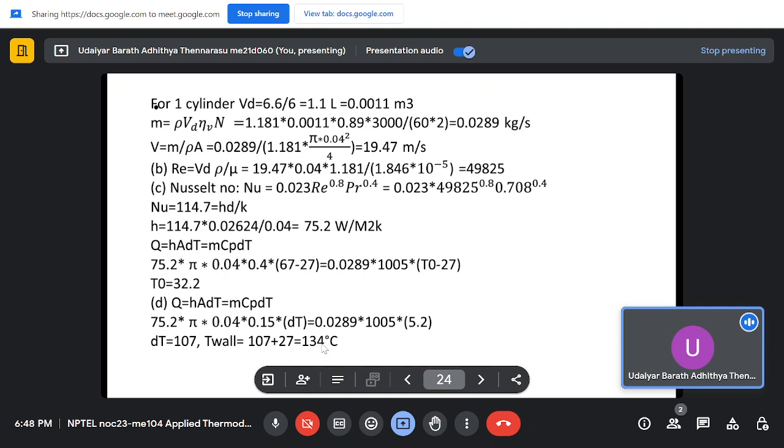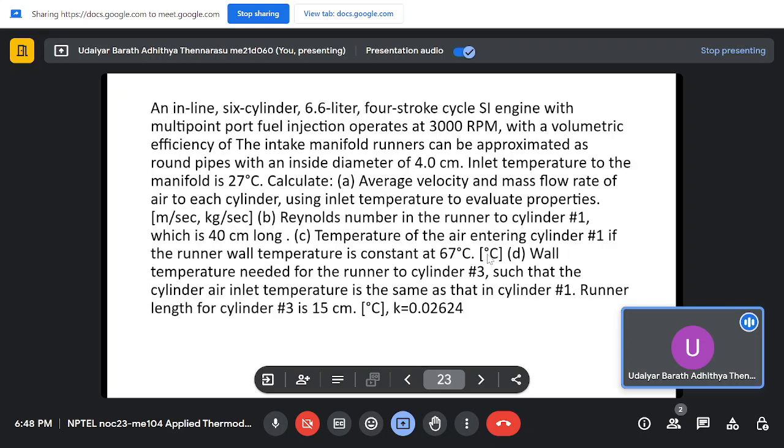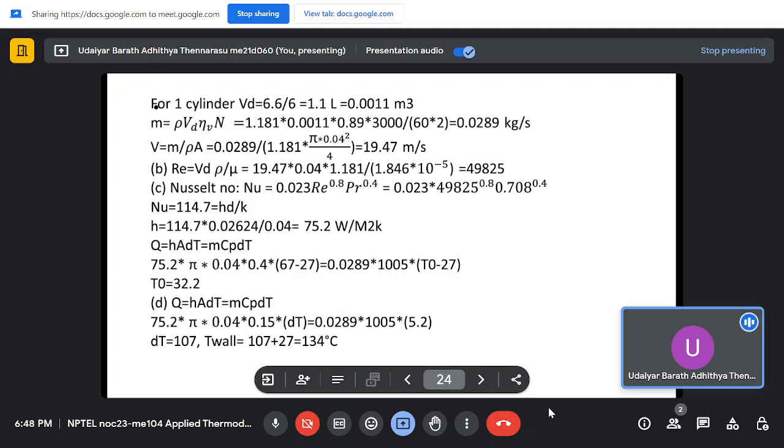Previously, for 40 centimeter length, the wall temperature was 67 degrees Celsius. Now for 15 centimeter, for the same heat transfer or the same temperature entering the cylinder, we require a wall temperature of 134 degrees Celsius.